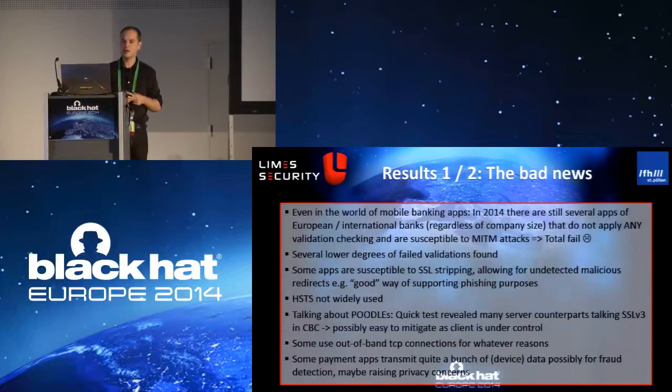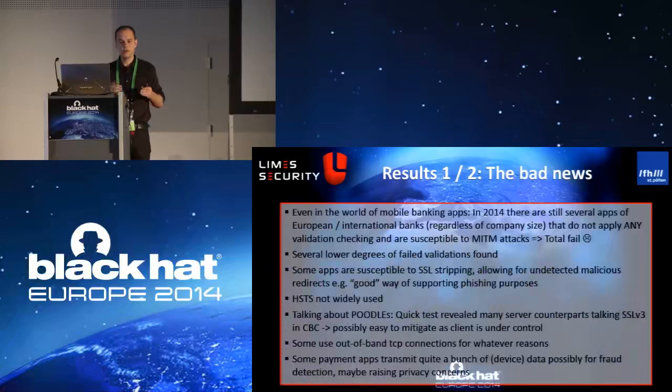But still I was surprised, even in 2014, there are still several apps, both of European and international banks, regardless of the company size, that do not apply any validation checking to their SSL connection and are therefore susceptible to just the default man-in-the-middle attacks from, let's say, around 2000. So this is what I would consider a total fail, at least in the financial industry.